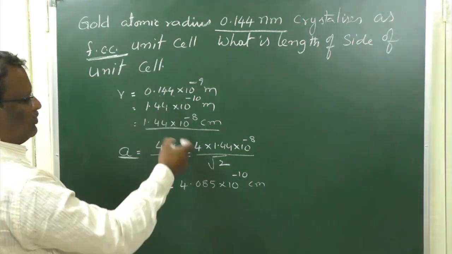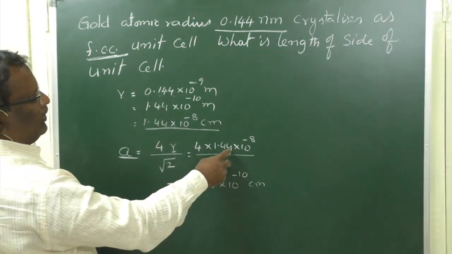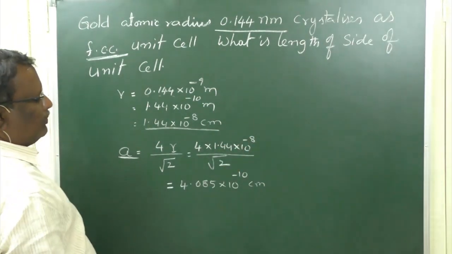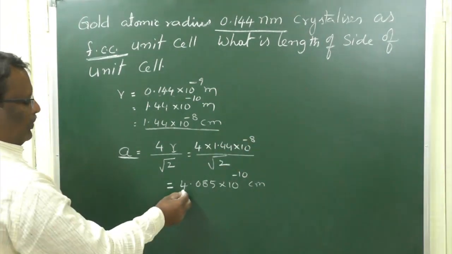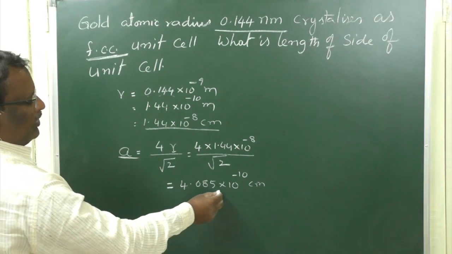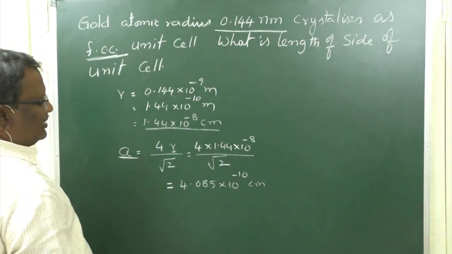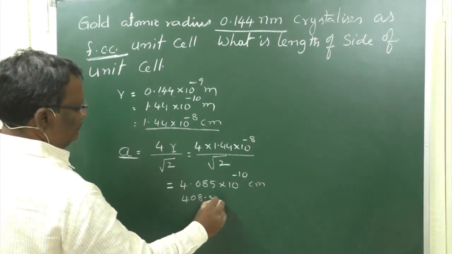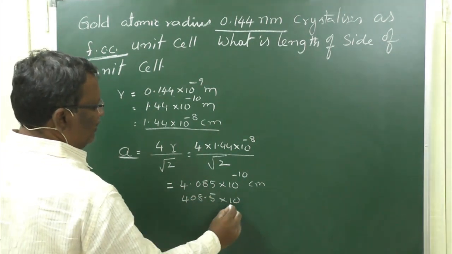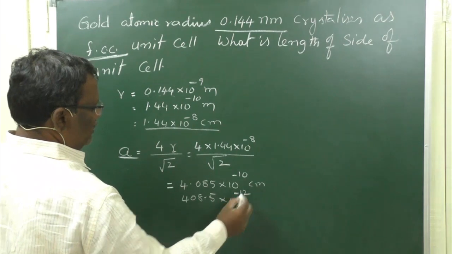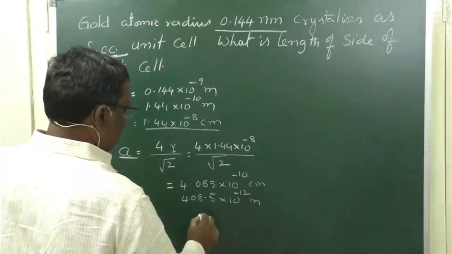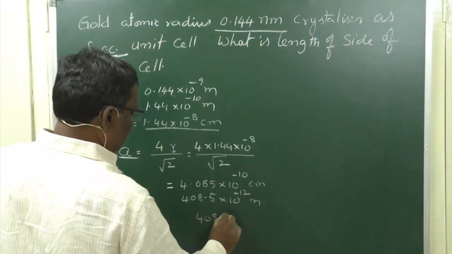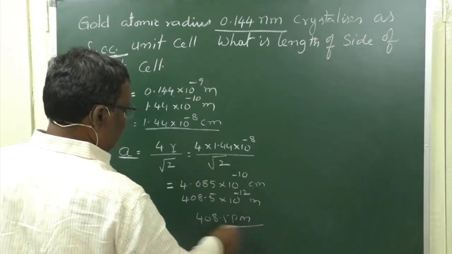On simplifying these values, 4 into 1.44 into 10 to the power minus 8 by root 2, it will be 4.085 into 10 to the power minus 10 centimeters, or 408.5 into 10 to the power minus 12 meters, or it is 408.5 picometers.